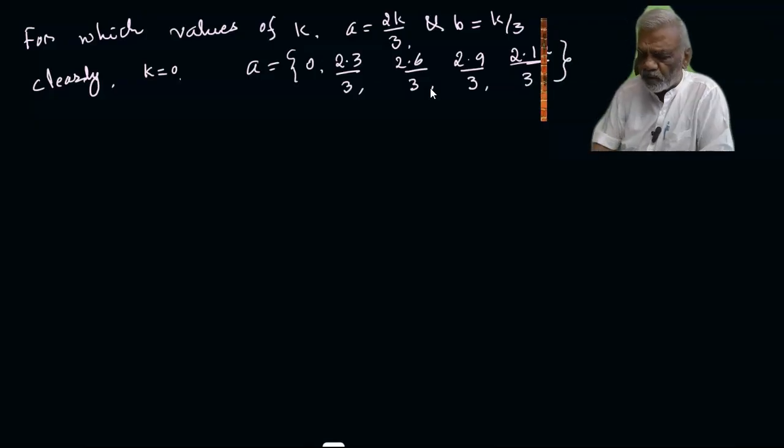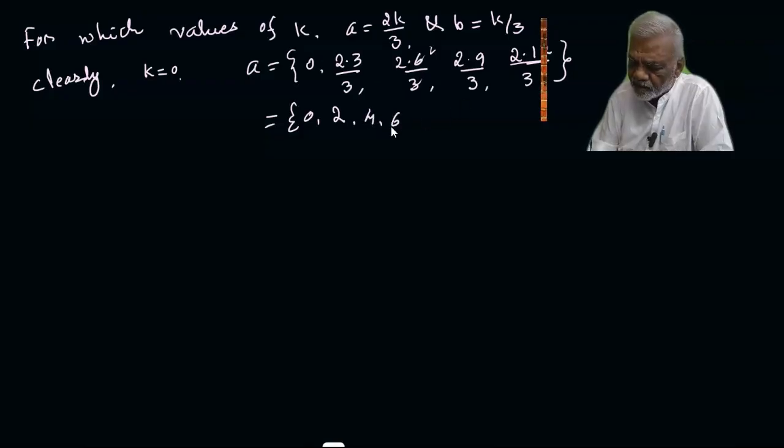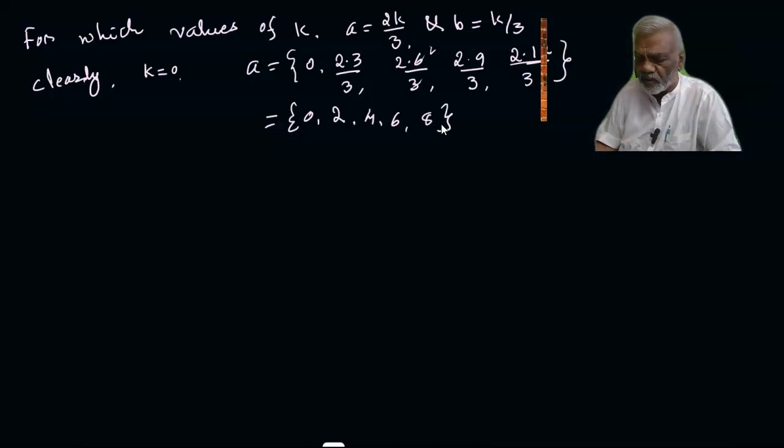These are the only values of A for which A is an integer. This is 2, and this is 2 into 2, 4, and this is 6, this is 8. These are the only values of A.